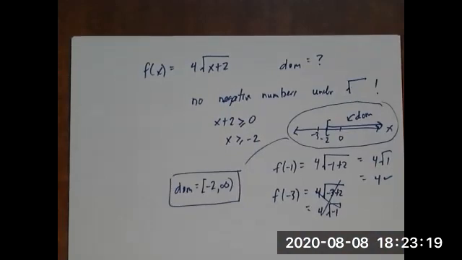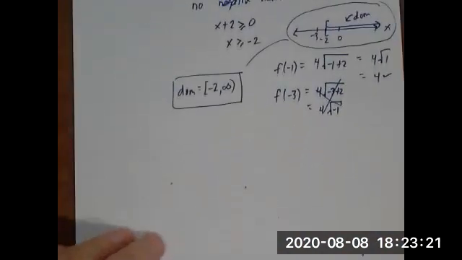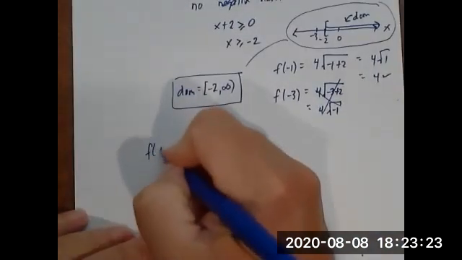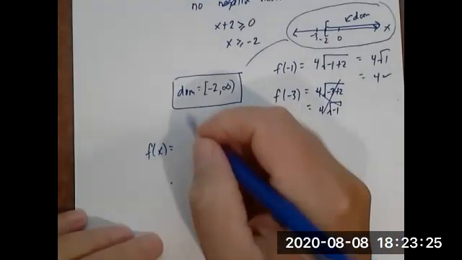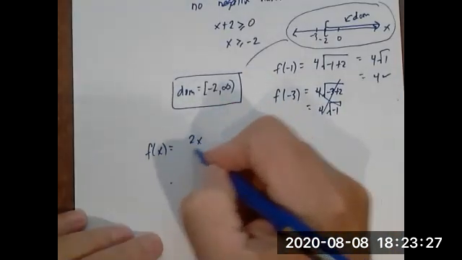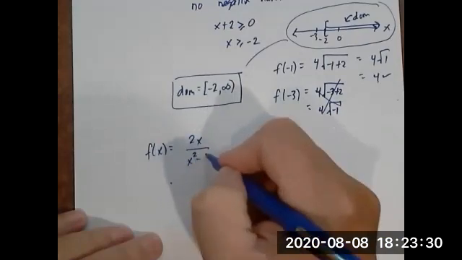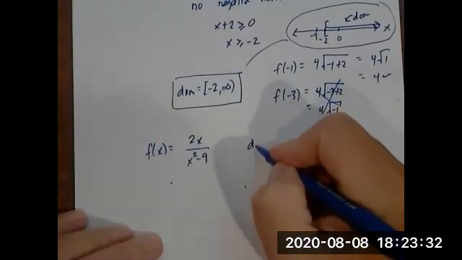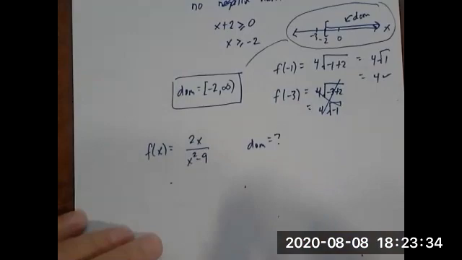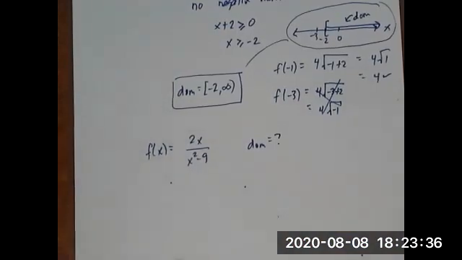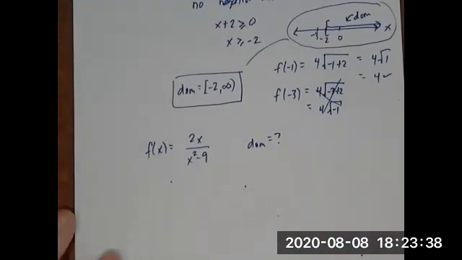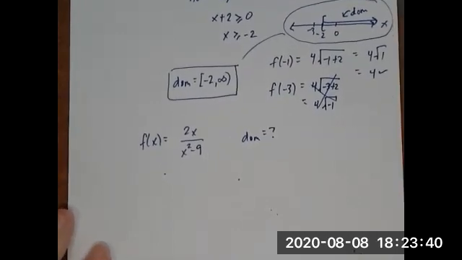Let me do a couple more examples. How about we have the function 2x over x squared minus 9, and we're asked to find the domain. What's the first step?